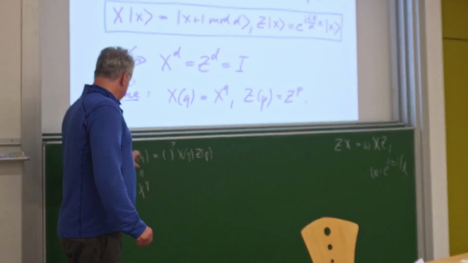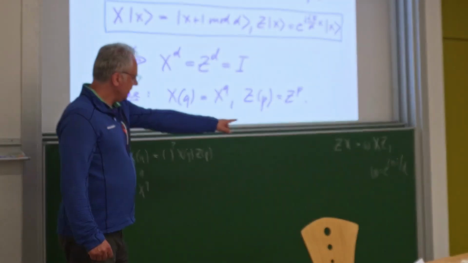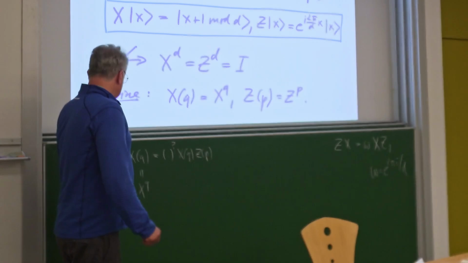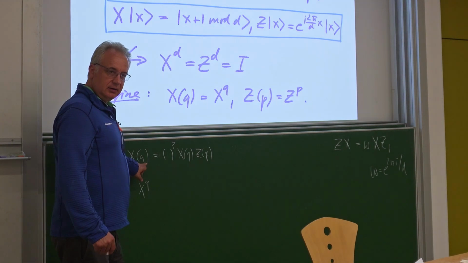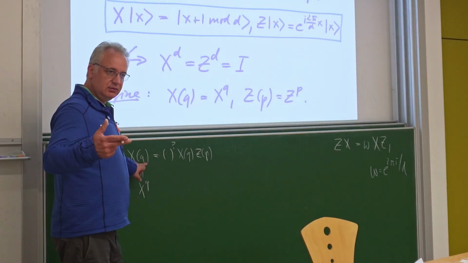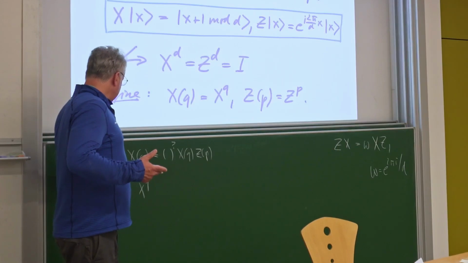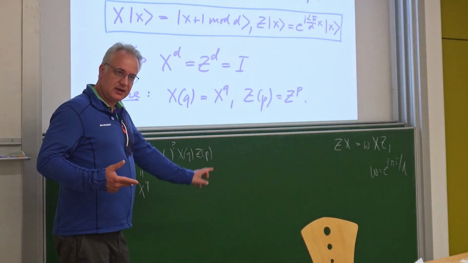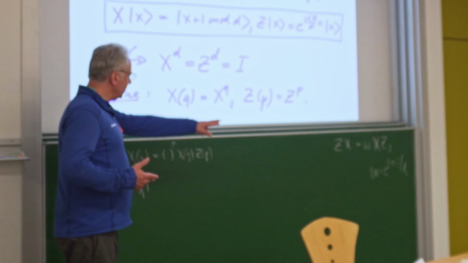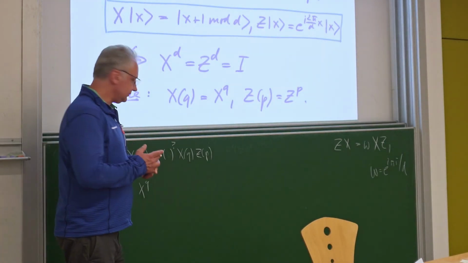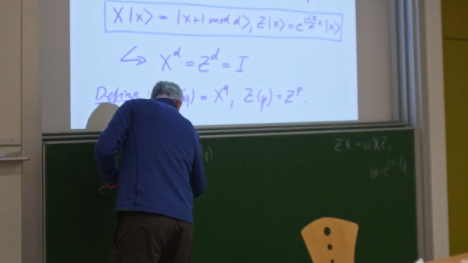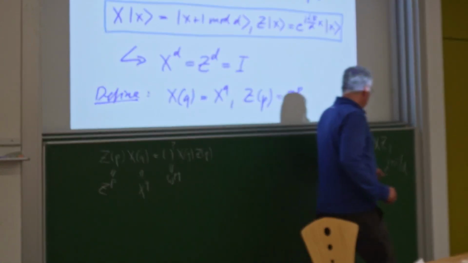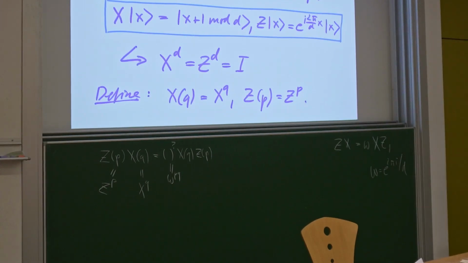Every time such an exchange happens, you get the phase factor of omega. So for every z here, you get the qth power of that phase factor. You get that phase factor q times, and you have p of these z's to move to the other side. So you get the phase factor omega to the power p times q, where omega is defined in this fashion. We will use this factor a lot of times.